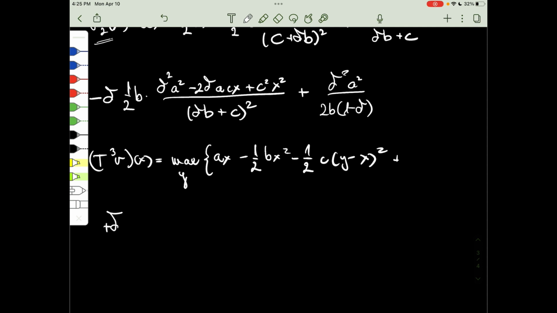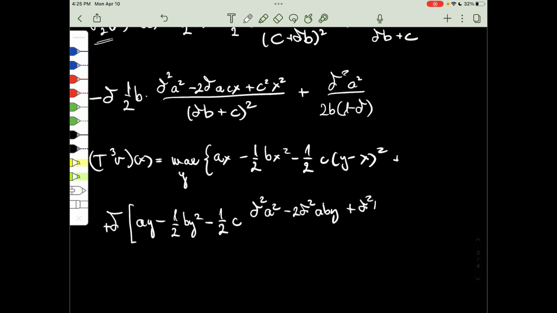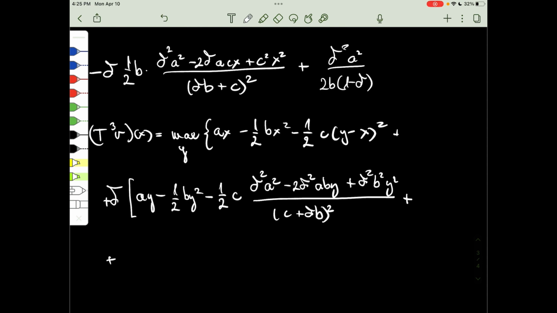And here comes the difficult part because here we need to put the value function of the previous round into the Bellman equation evaluated at y. I think it's correct. It takes some lines.